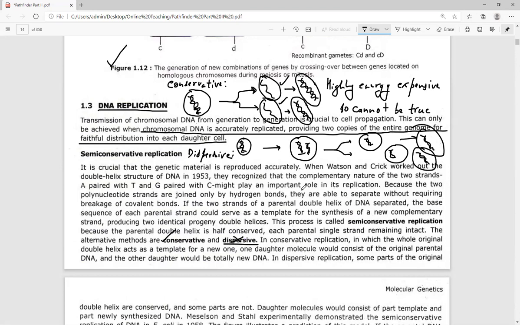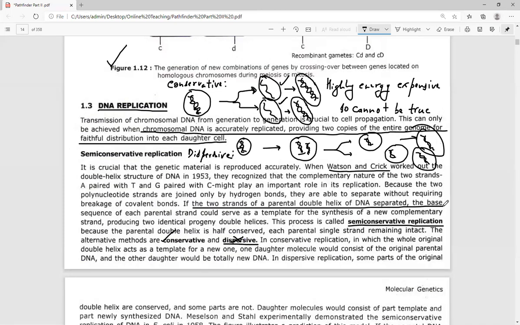The next method that was explained by Watson and Crick and ultimately proved by Meselson and Stahl is referred to as the semi-conservative model of DNA replication. According to this model, the two strands of a double helix DNA molecule have anti-parallel nature.